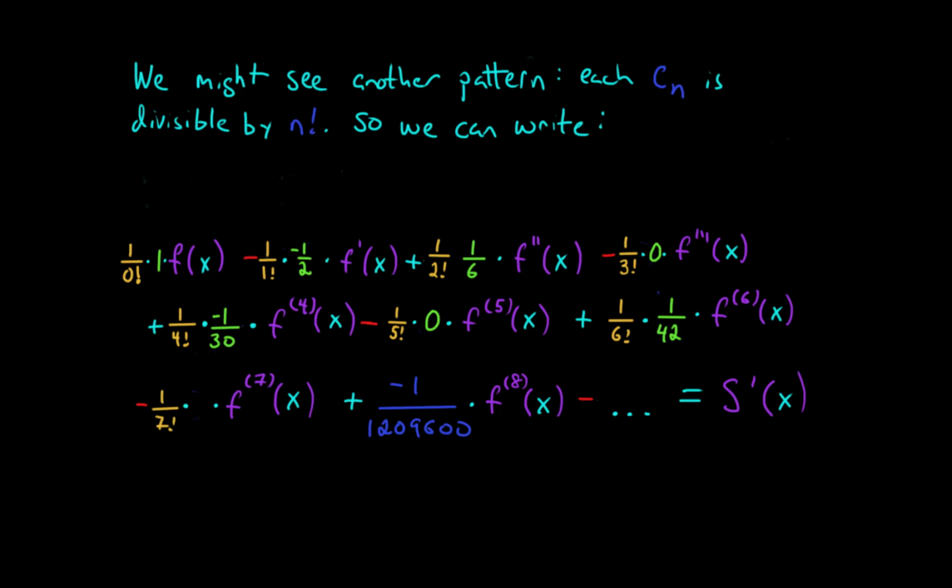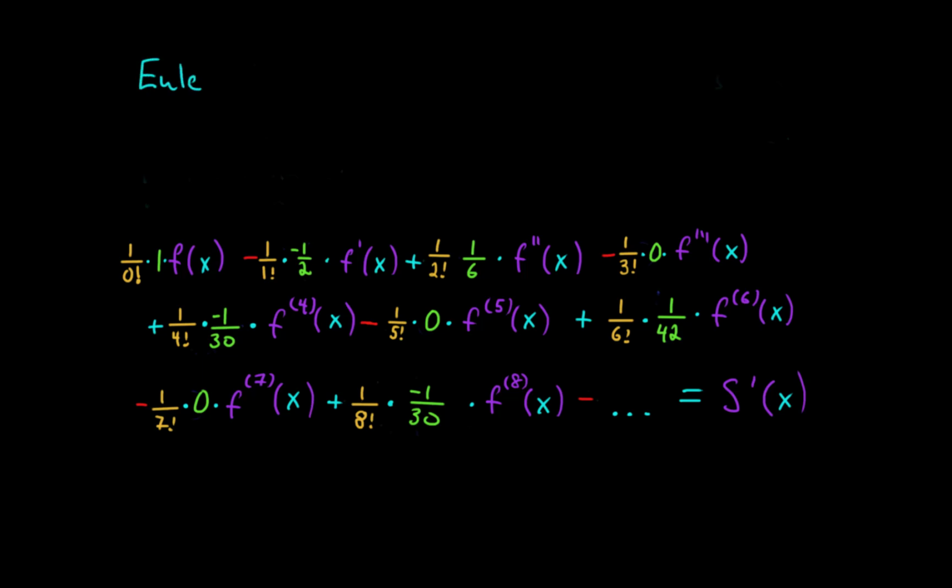And then my term after that, negative 1 over 1,209,600, that's divisible by 8 factorial. So I can rewrite that as plus 1 over 8 factorial times negative 1 over 30 times f8 of x minus, well, you might guess that the next term is going to be 0 times f9 of x, but the point is that this will continue infinitely. And then on the right-hand side of the equation, all I'll have is this equaling s prime of x.